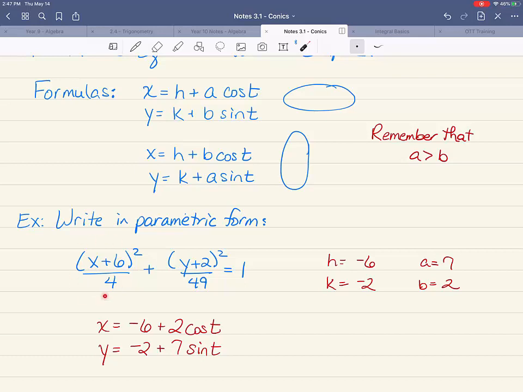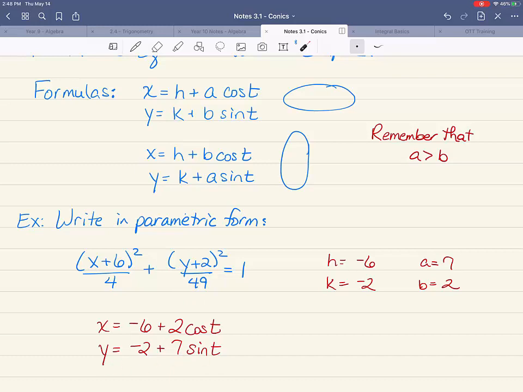So my x equation is going to have the -6 because that's part of the x fraction, and it's going to have the square root of 4, which is 2, right there. The y equation is going to have the -2, which was the k value, and the square root of 49 in front of its sine. So that's a really quick way to think about it if you followed what I just said.